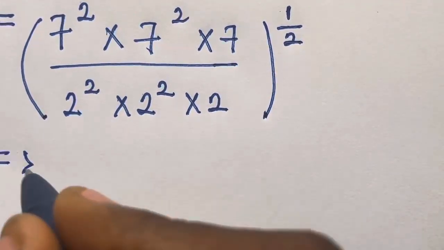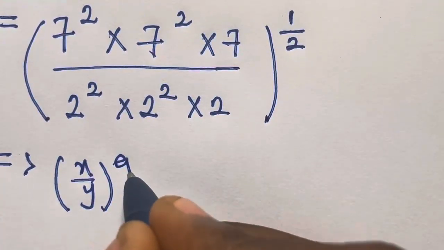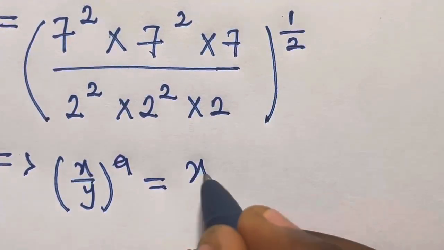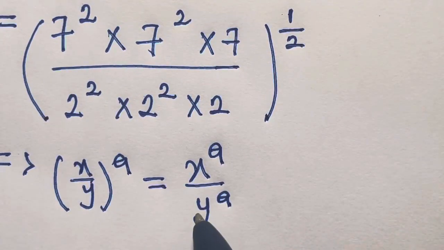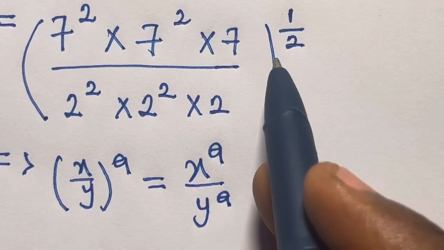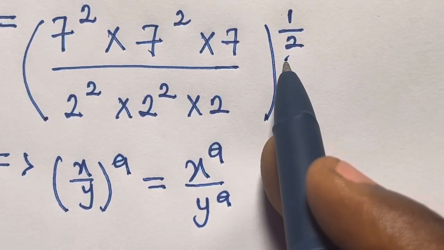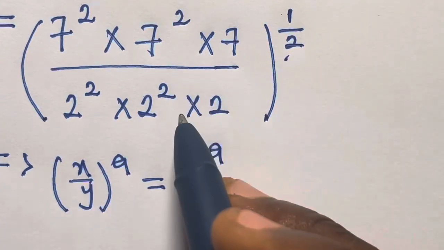So from here, let's recall that if you have x divided by y raised to the power a, this equals x raised to the power a divided by y raised to the power a. Applying this, the 1/2 is distributed to both numerator and denominator.